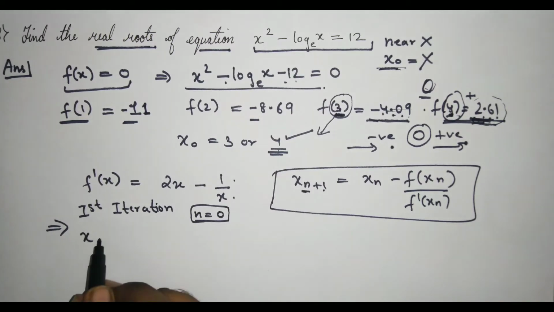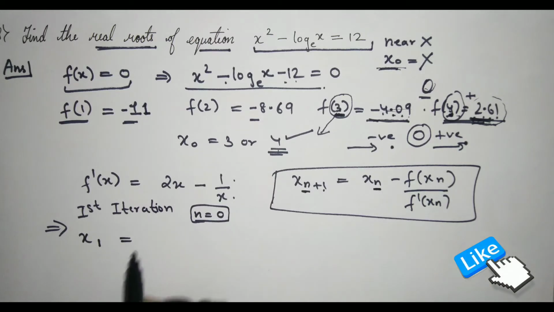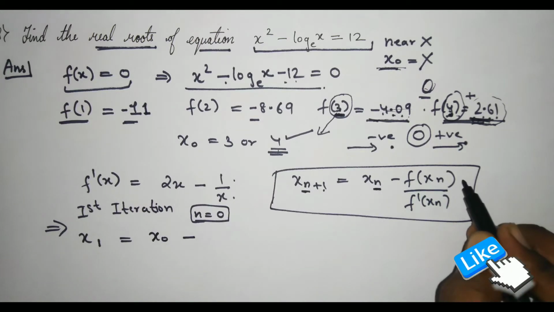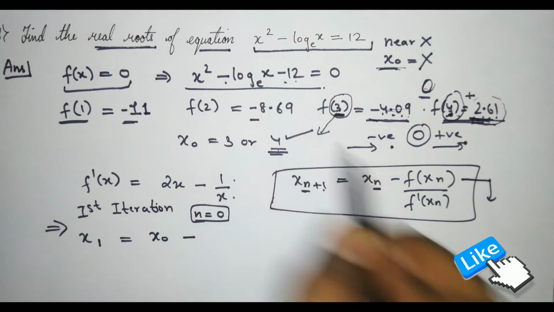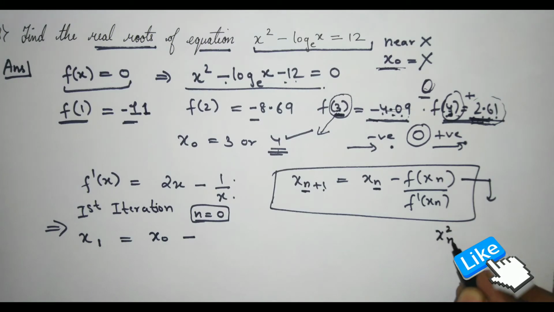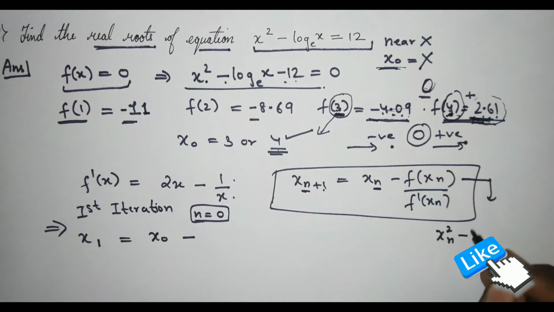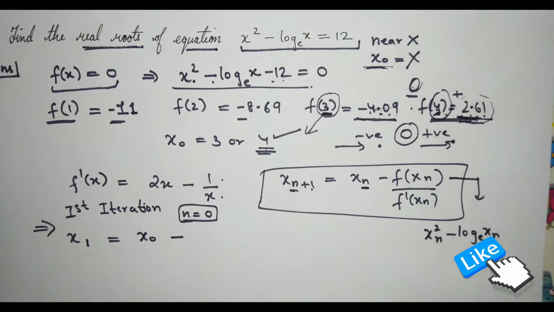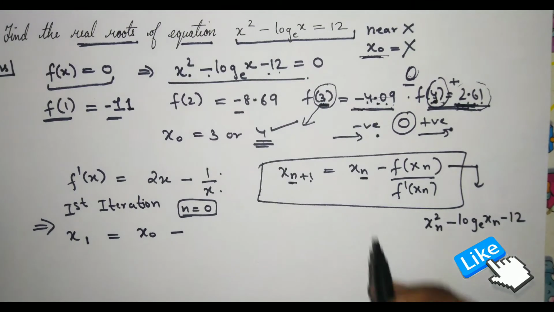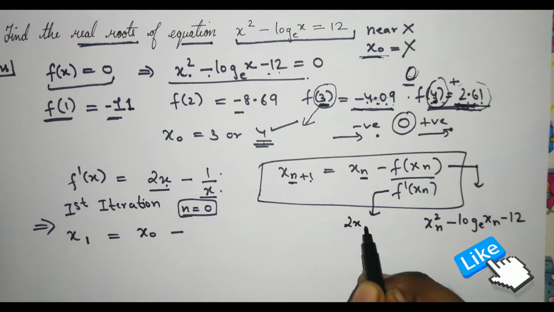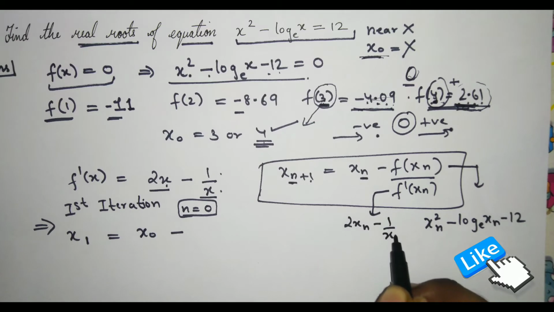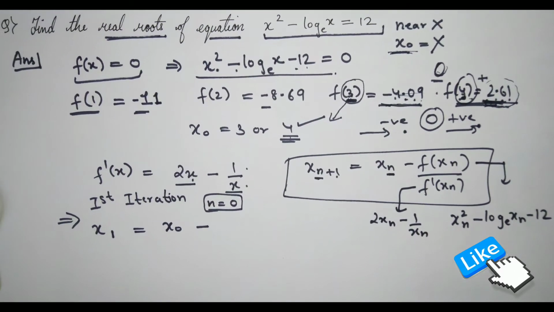So 0 plus 1 is 1, x1 equal to, in place of n you have to place 0, x0 minus, what is f of xn? f of xn means x square, n you have to place here, minus log base e xn, minus 12. This is f of xn. Now f dash of xn will be what? In place of x you have to place xn: 2xn minus 1 by xn. That's it.